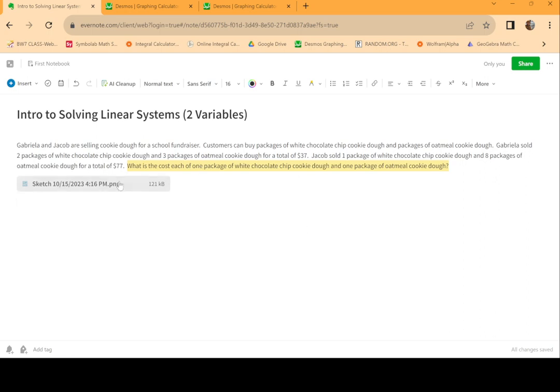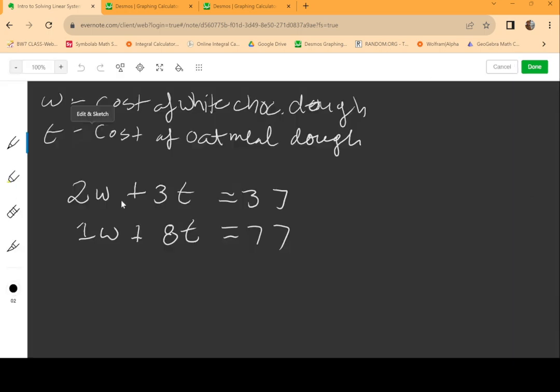I'm going to switch over to my sketch here. What I have here is just that type of model, and this is what our system of equations will look like, where the variable W is the cost of the white chocolate chip cookie dough and the variable T is the cost of oatmeal dough.